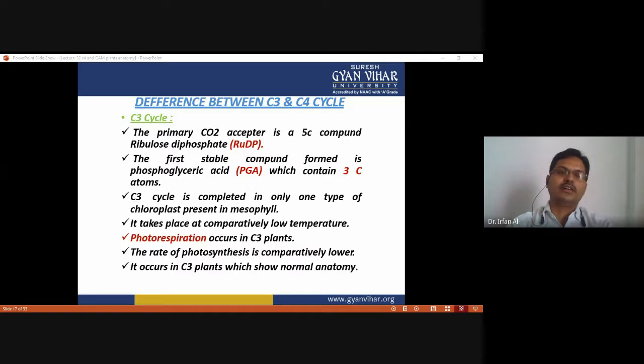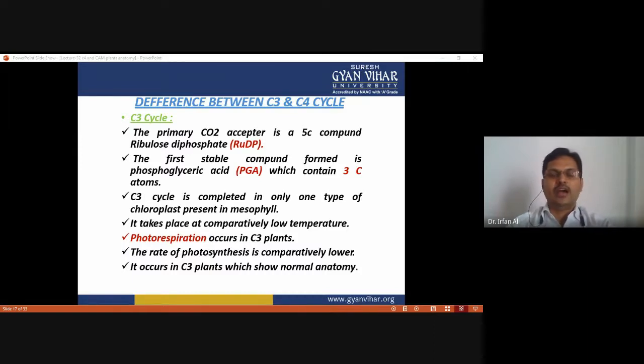The C3 cycle cannot sustain high temperature or high light intensity. Photorespiration is another process that occurs in the C3 plant, because there is a single chamber, and when the stomata are open it diffuses either carbon dioxide or oxygen. You know that the enzyme which fixes carbon dioxide in the C3 plant is Rubisco, or RuBP carboxylase, so it can also fix oxygen, as the oxygen concentration is high in the mesophyll cells.